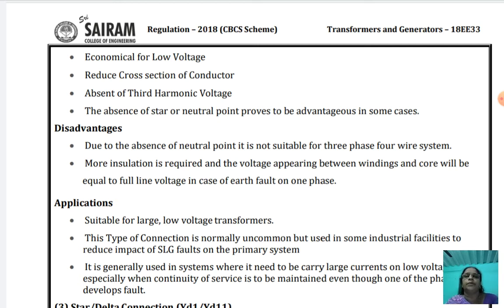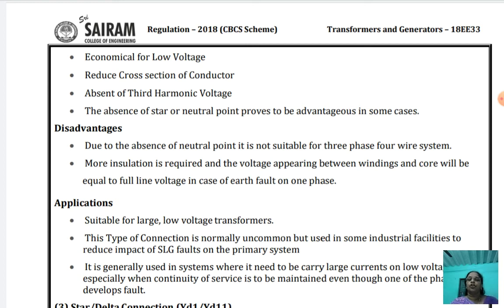That's why these types of connections are used only in 3-wire systems, not suitable for a 3-phase 4-wire system. And more insulation is required because the voltage appearing between the winding and core will be equal to full line voltage. In delta, line voltage is equal to phase voltage, that's why more insulation is required.